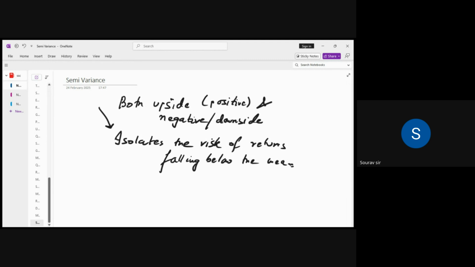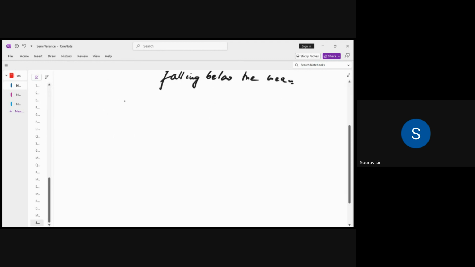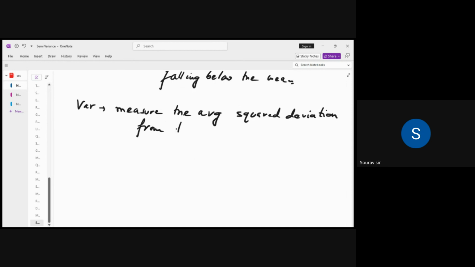So what is the difference between variance and semi-variance? Variance was measuring the average squared deviation from the mean, considering all fluctuations. And semi-variance is doing what?